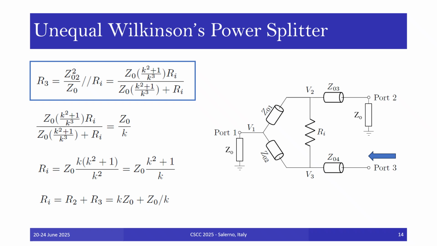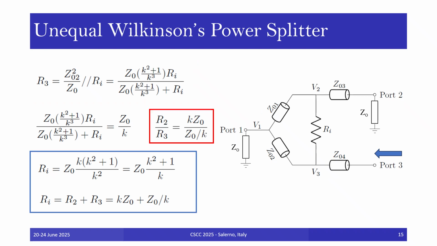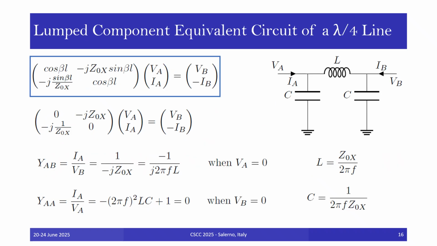The impedance seen at node 3 would be equal to the highlighted equation. By making Ri the subject of the formula and using the equation marked in red for R3, one obtains an equation for the isolation resistor Ri. This equation can also be expressed as the sum of R2 and R3.